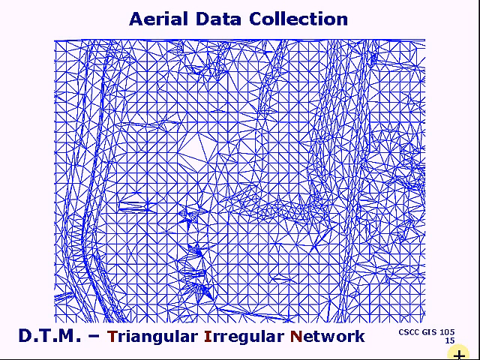So we have a network of irregular triangles. And that is how the computer is going to see that surface. Anything that we do, any measurements that we make, any analysis that we do, whether it's flow or slope or elevation or volume, everything is going to be based on this triangular irregular network that is a joining up of those raw data points.